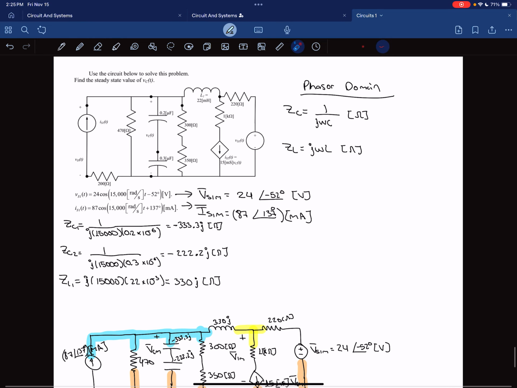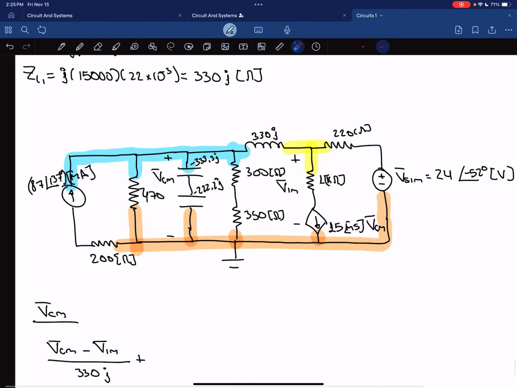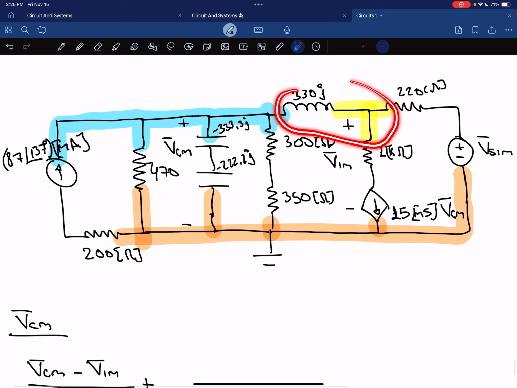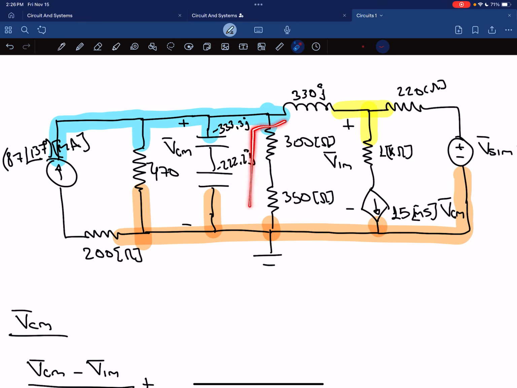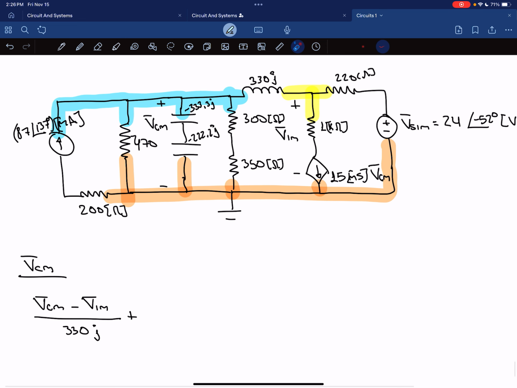Okay, so we did this right here. Now we're gonna do this. So BCM minus 0 over the total resistance, right? And that's 650.